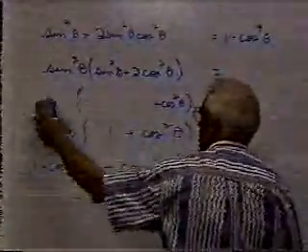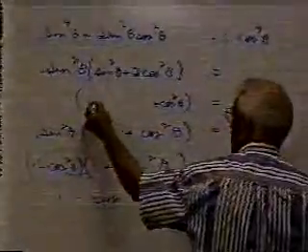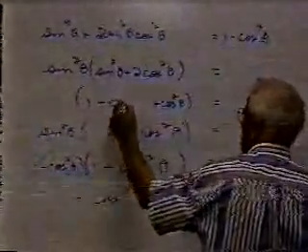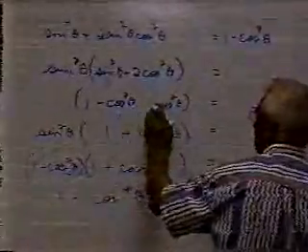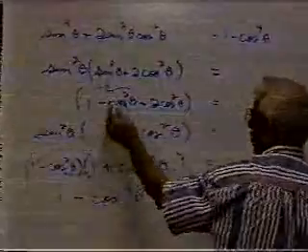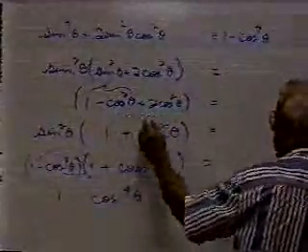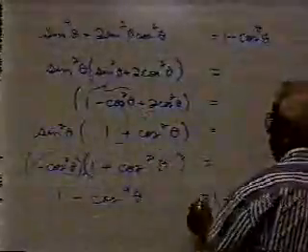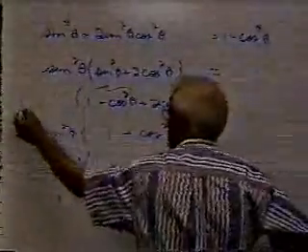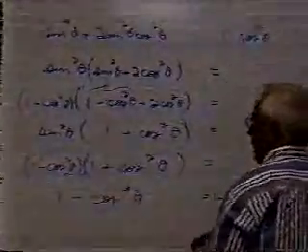Right at this step, I will replace this with 1 minus cosine squared of theta, plus 2 cosine squared. Well, now what does this add up to? Sure enough, I get the same answer. And then replacing this with 1 minus cosine squared, look what happens. I end up with the same step.